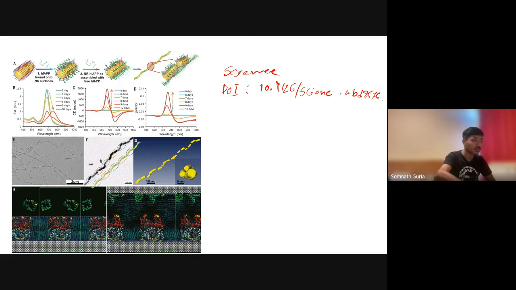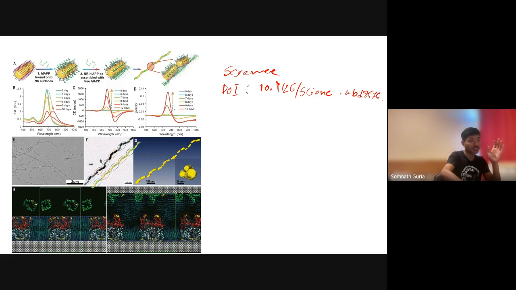an external aggregation over here, and that actually forms a helical kind of structure. This kind of aggregation they found when the excess amount of peptide was there, and then they found that the CD spectra over time actually keeps increasing.